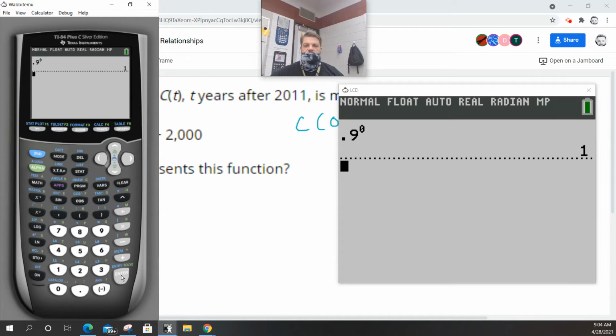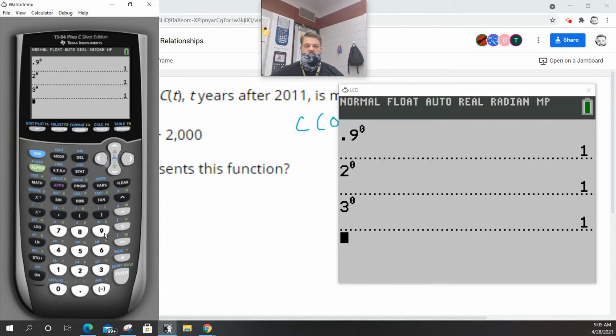Hit enter. Now I want you to hit 2 raised to the 0. Hit enter. I want you to do 3 raised to the 0. Hit enter. I want you to do 999 raised to the 0. What do you notice?